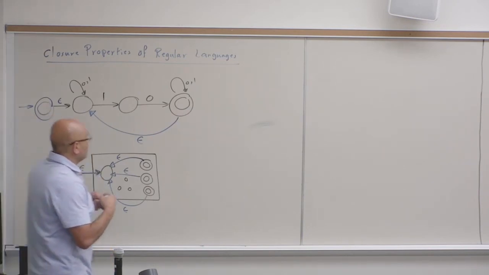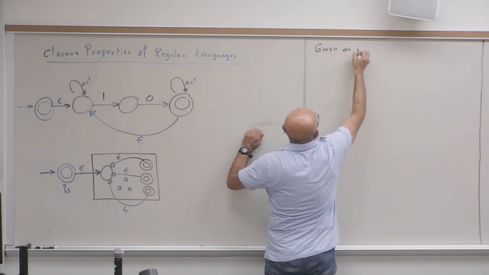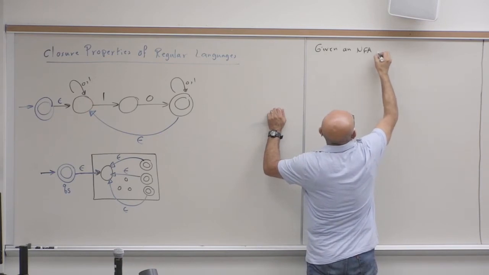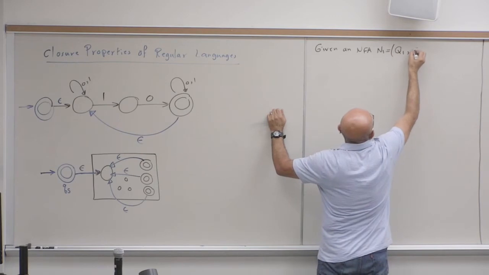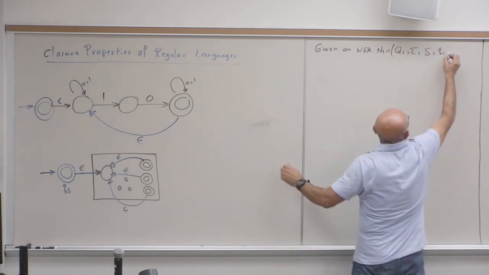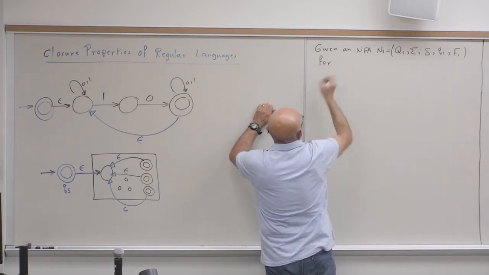Okay, so the formal description, given an NFA, let's call it N1 equals (Q1, sigma, delta1, q1, F1). So this is abstract and general.